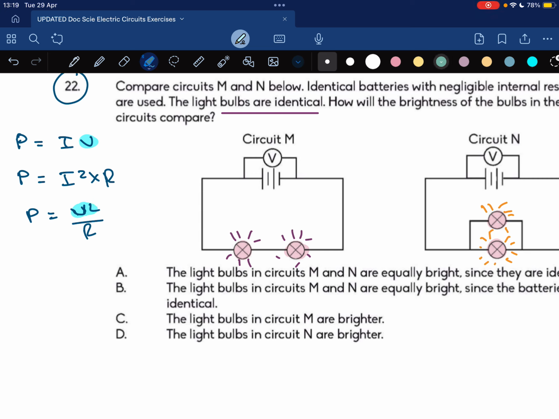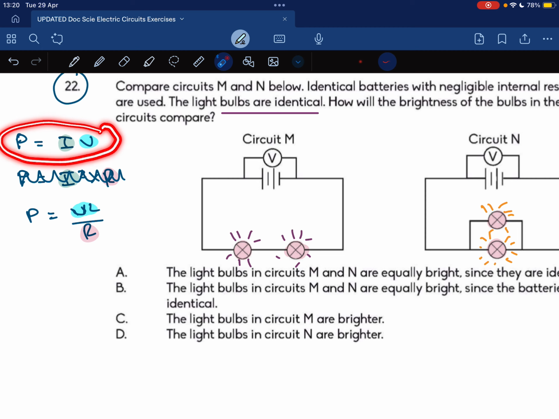What will change is the current, and the resistance will change. We can't use this equation because there's no constant there. Everything is changing, so this one is out. So what I'm going to compare is either P equals IV or P equals V squared over R.